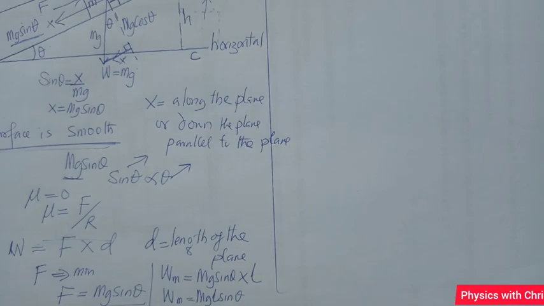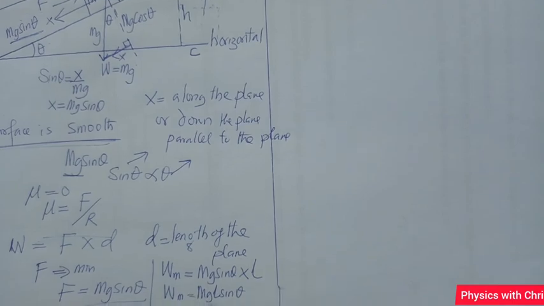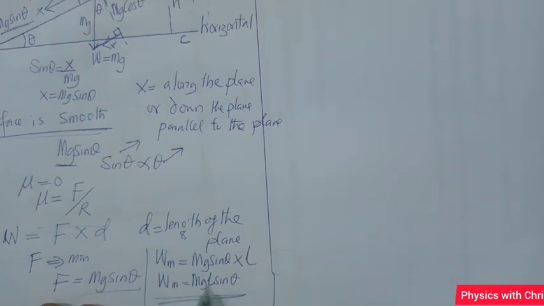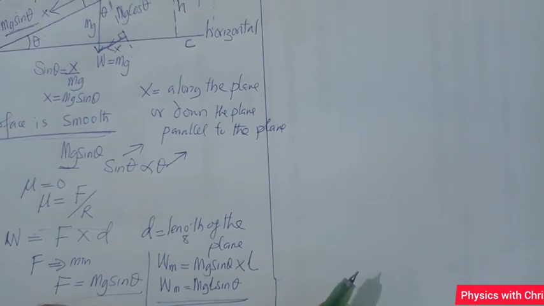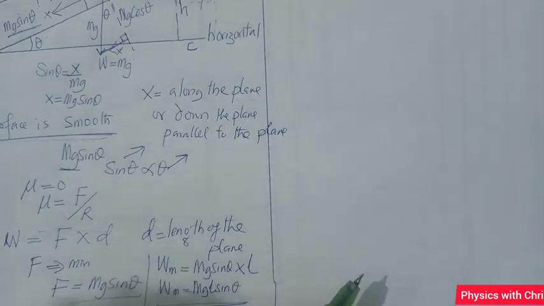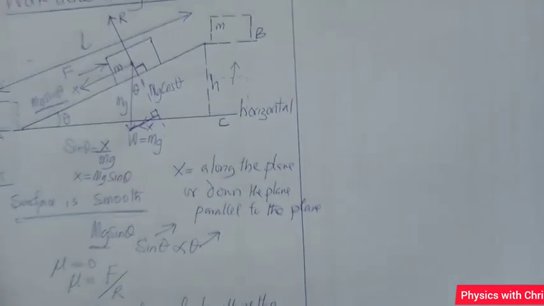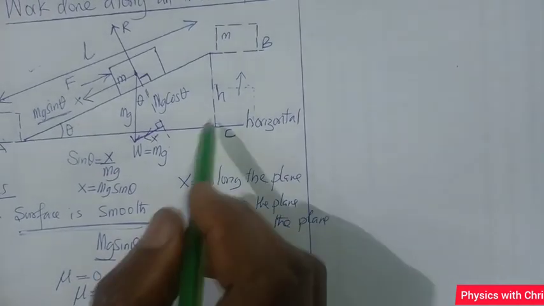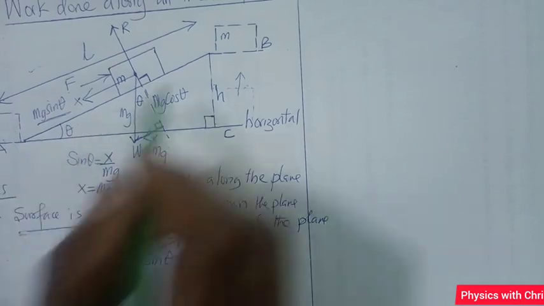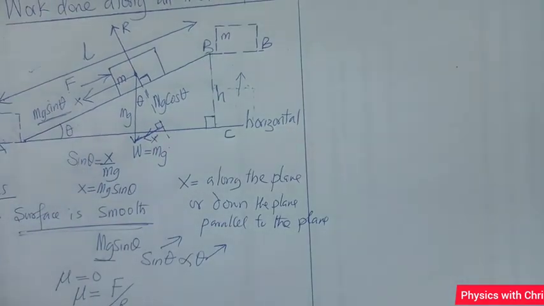In some cases, they will not even give you all these parameters. You will not be given the length of the plane. But how can you find an expression for sin theta? If you come back to this picture, you agree with me that ABC is a right angle triangle.